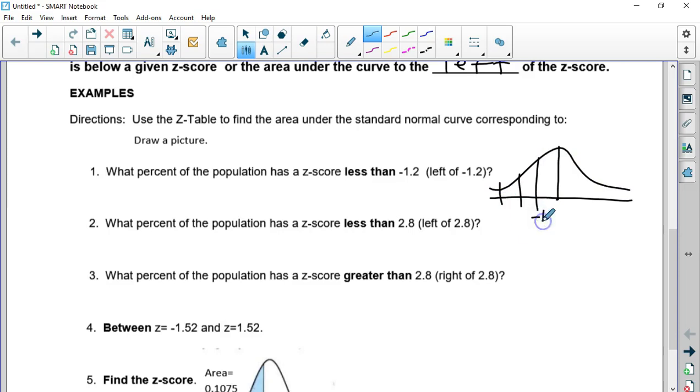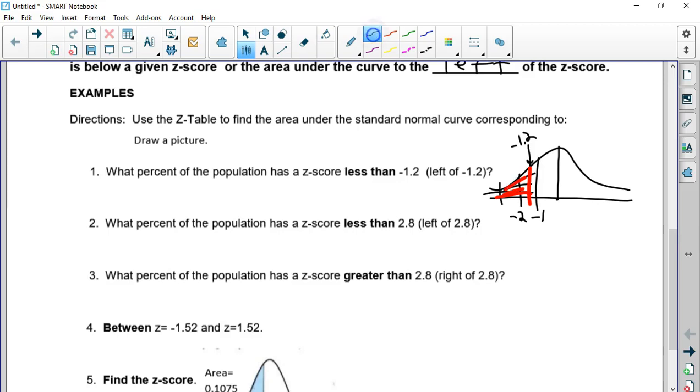And here's -1, here's -2. So where would -1.2 be? Something like there. And we're going to be going less than that spot. I'll do it in a different color. So we're going to shade to the left of that spot.